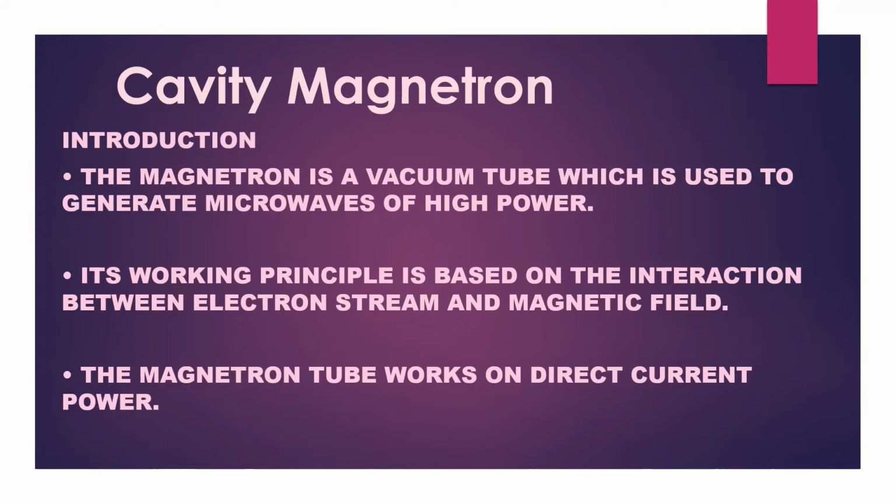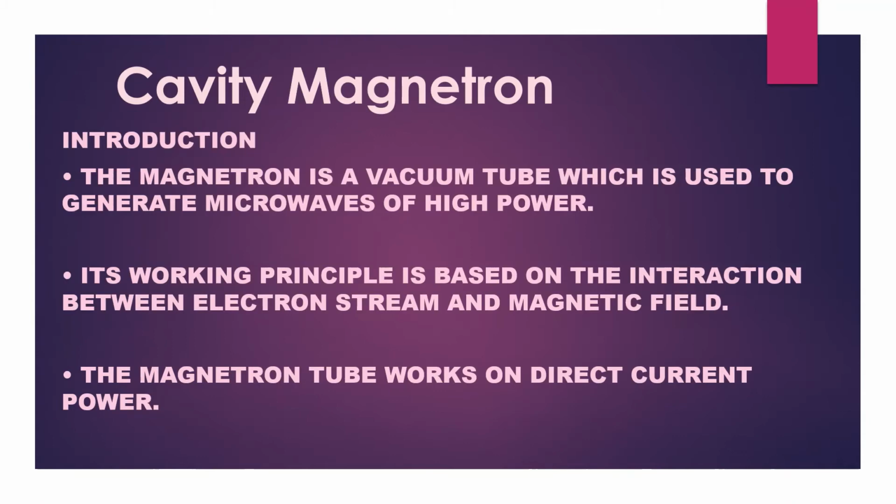Okay, so the basic application of the magnetron was in radar systems, and currently it is used in microwave ovens. It generates microwaves using the interaction of a stream of electrons with a magnetic field while moving past a series of cavity resonators. What exactly we mean by cavity resonator, we will try to understand. We will see the diagram and we will try to understand in the next slides.